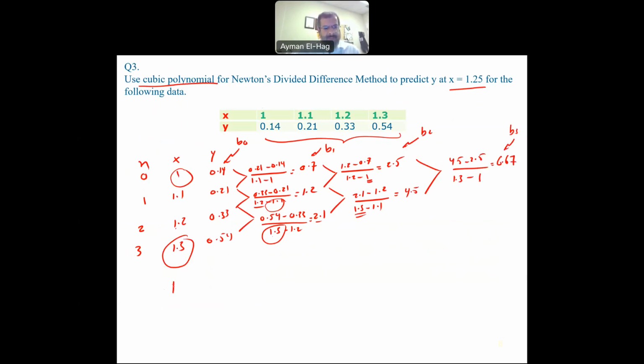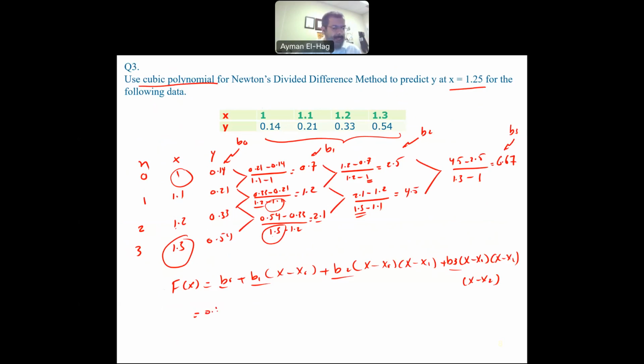So your function f of x equal to B0 plus B1 x minus x0 plus B2 x minus x0 times x minus x1 plus B3 x minus x0, x minus x1, and x minus x2. So we have all B0, B1, B2, and B3. We are all given these values. Okay, and we have all the x's, x0, x1, and x2. Let me write it down. This is not a big formula.